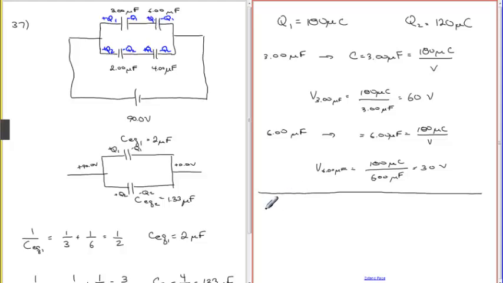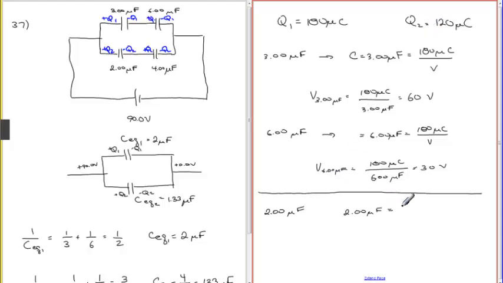Then we go to the 2 microfarad capacitor. What's happening there? Well, of course, the capacitance is 2 microfarads. We're trying to figure out what the voltage is. The charge is down here. The charge is, or was it up here? Charge here. Q2 was 120.